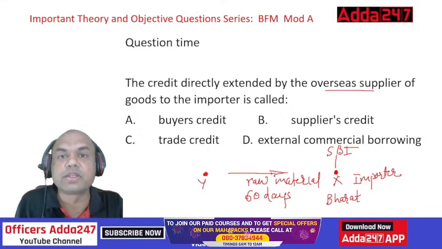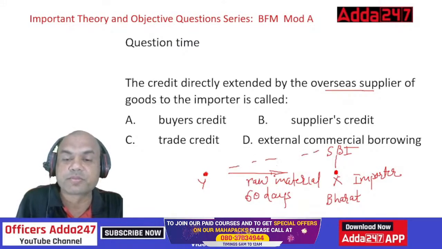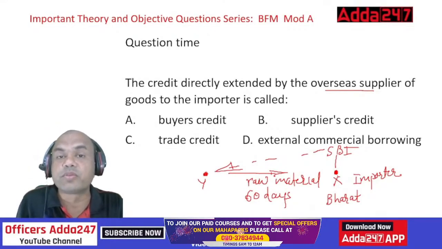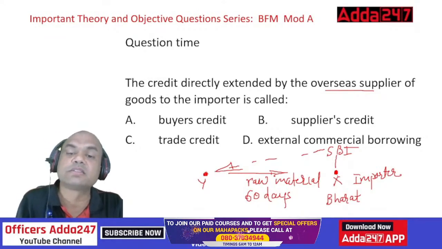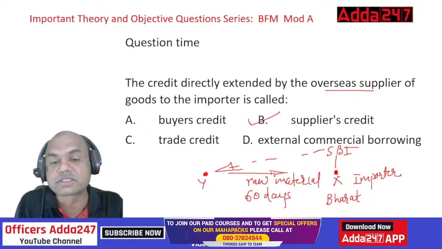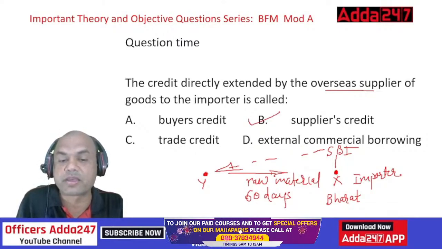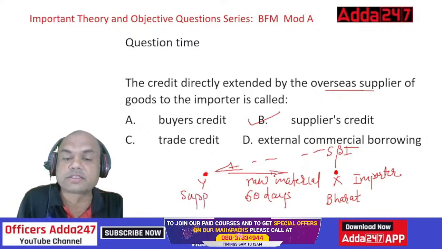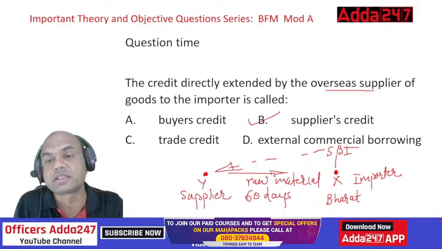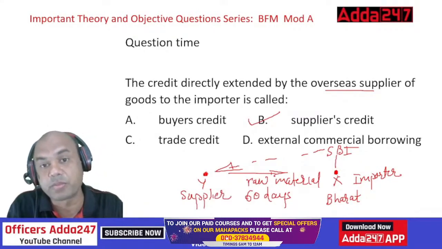You definitely give me the assurance that you will pay, but more than that, I want the assurance from your bank. So SBI gives an assurance to Y: you send him the material and on the 60th day, I will pay you, forget X. This is known as the supplier's credit, extended by the overseas supplier. This supplier has extended the credit for 60 days, and this is an important part of working capital.